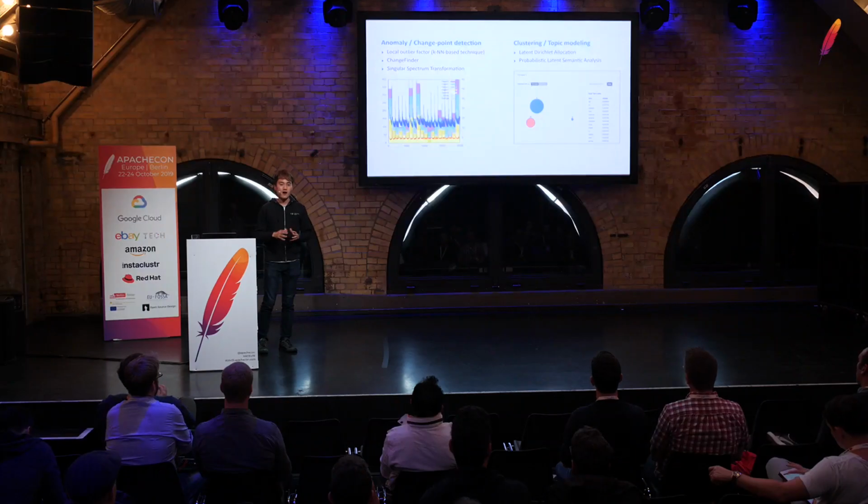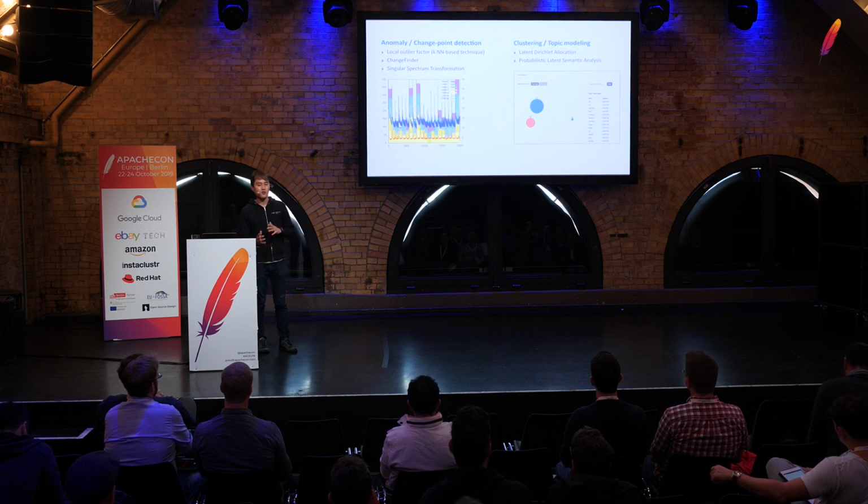Or if the data is time series data, we have experimentally implemented some anomaly detection or change point detection techniques. So you can apply them to the data stored in Hive by writing simple SQL, and the result is much more sophisticated.